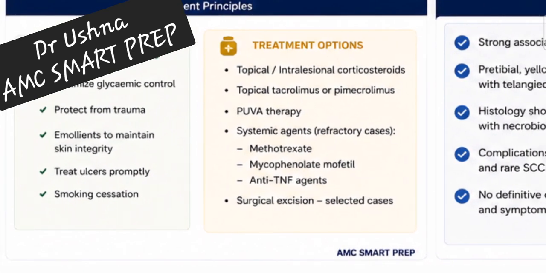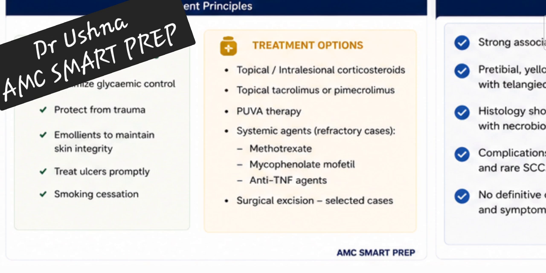First of all, diabetes is directly associated with necrobiosis lipoidica. So the first thing that should be very clear is that you should control your diabetes. Optimizing your glycemic control is very important for the control of any skin manifestation of diabetes itself. So general measures include diabetic control, ulcer control, basic hygiene, everything.